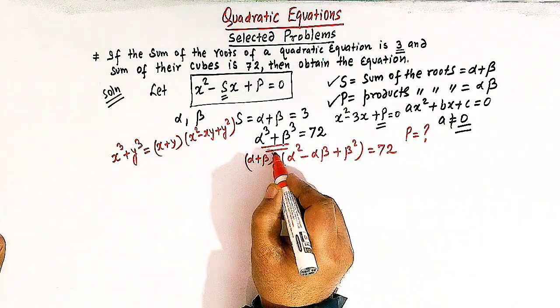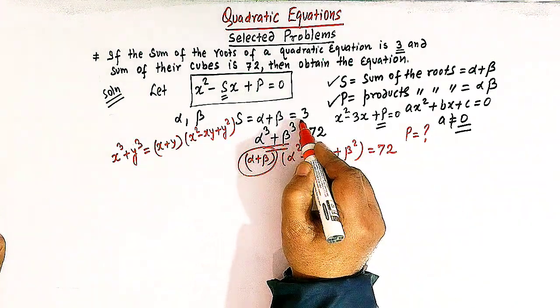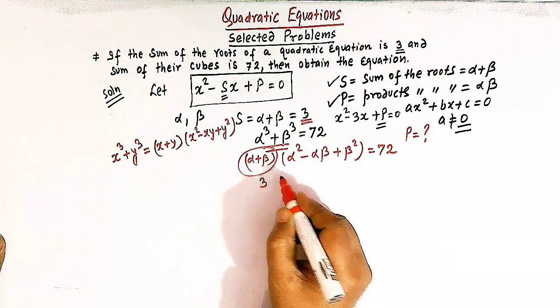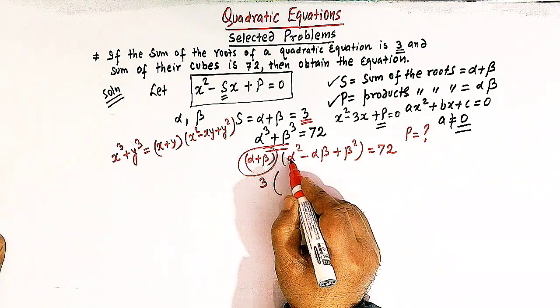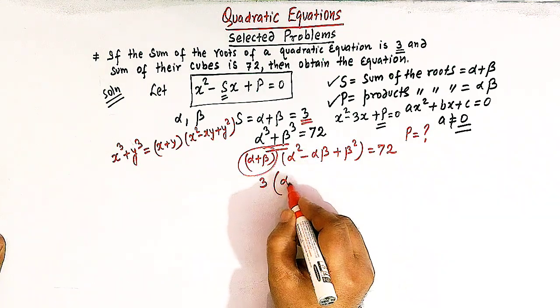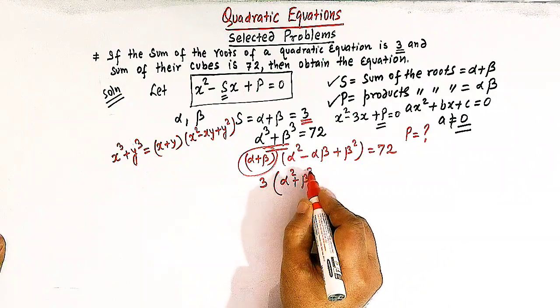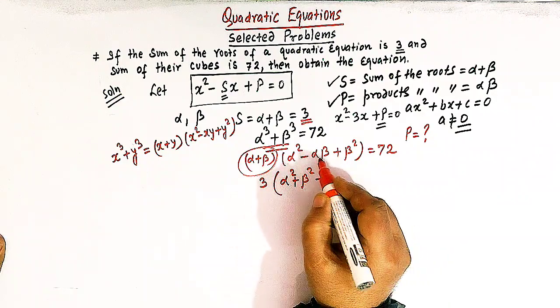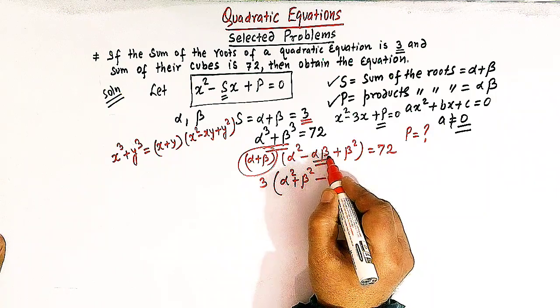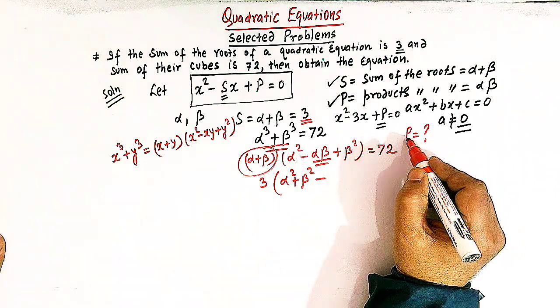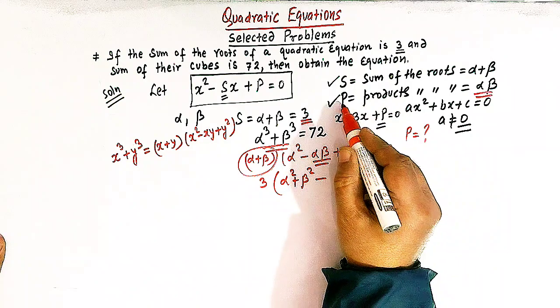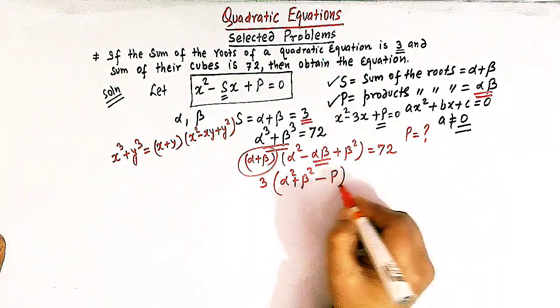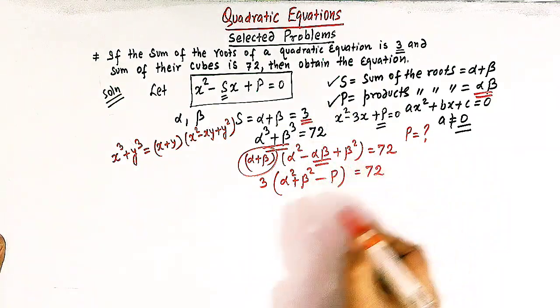Now alpha plus beta is given as 3, so here we write 3, and we combine alpha square plus beta square together, and alpha times beta may be replaced by p. So this is equal to 72.